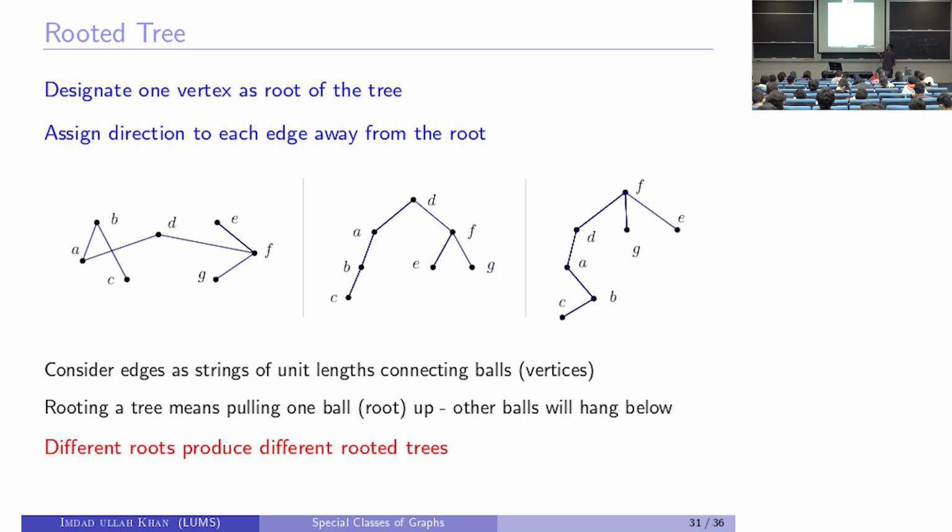So look at this graph. If I lift up this vertex D here, what happens? All edges, by the way, are of the same length. All ropes or threads or strings are of the same length, right? Let's say 1 meter. So the first height will be D. 1 meter below that will be which vertices?